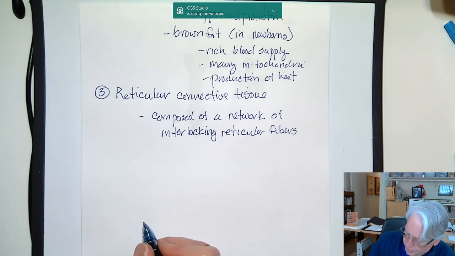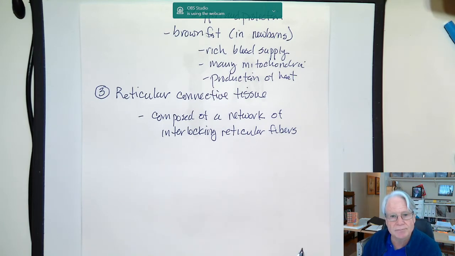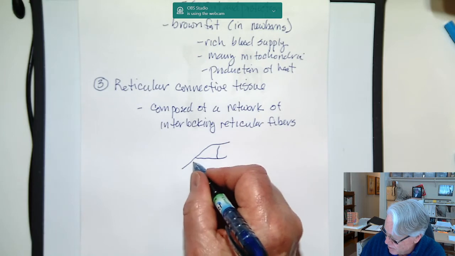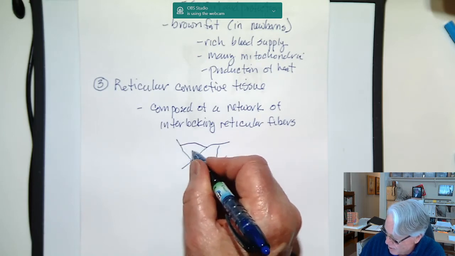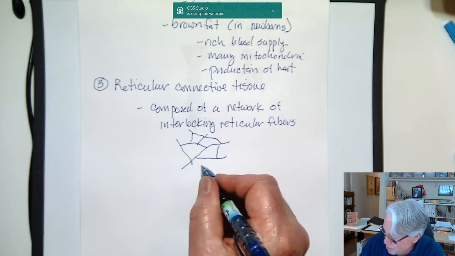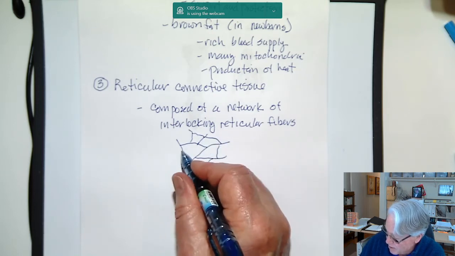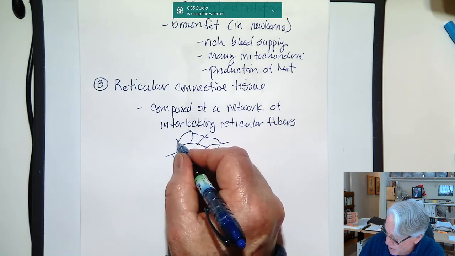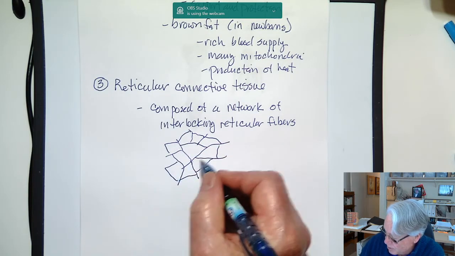If we were to sketch out what this would look like, we get this kind of pattern. We get this branching effect, and notice that they do end up connecting together to create a very complex sort of network.